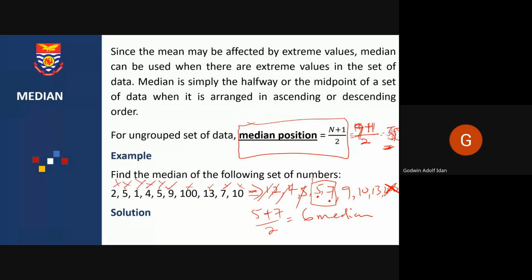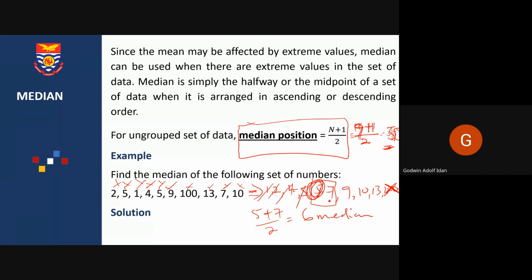So for the 5th position, we just count 1, 2, 3, 4, and it is going to fall on the 5. So 5 becomes our median. And so that is how we find the median. This is for ungrouped data, and it is very simple from this angle.